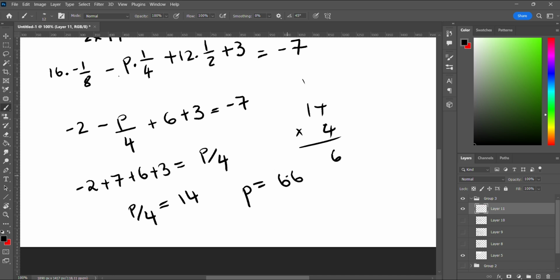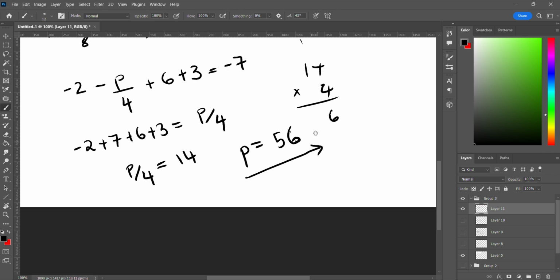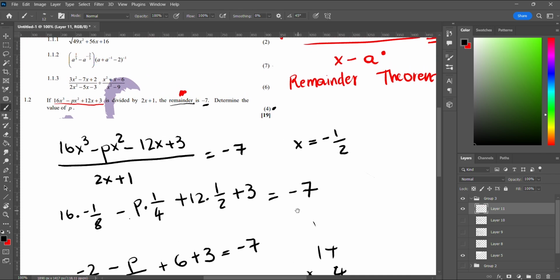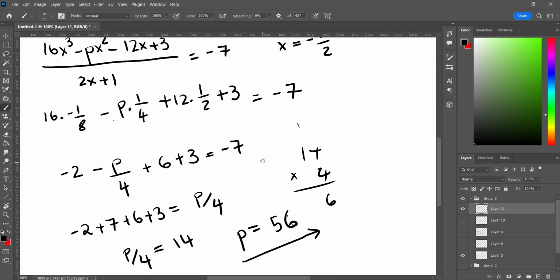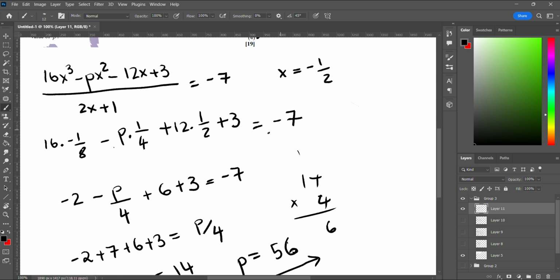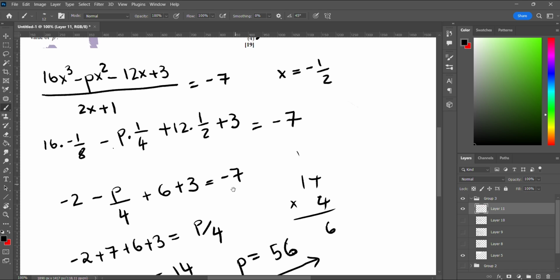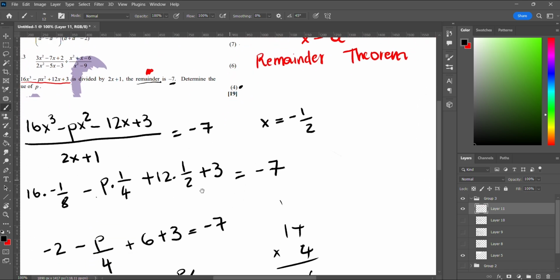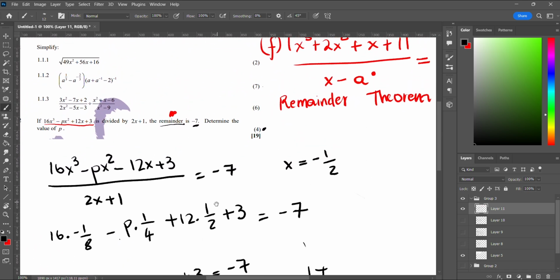Okay, so 56. That's good to check. I'm putting in the calculator. So p is 64. And I think this is pretty decent. Here you could just solve the problem, but I just went the extra mile because I didn't want to use a calculator.